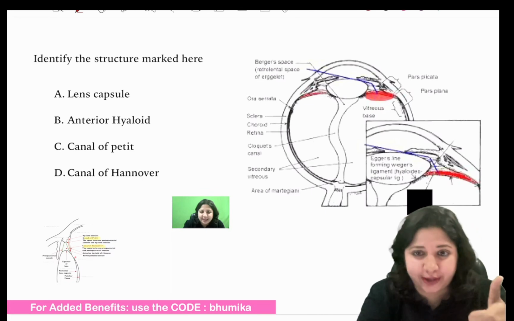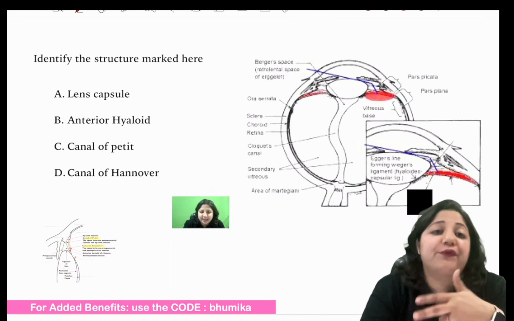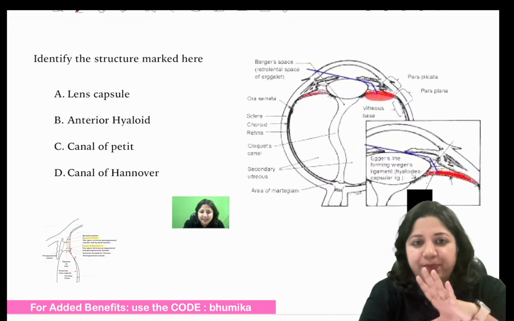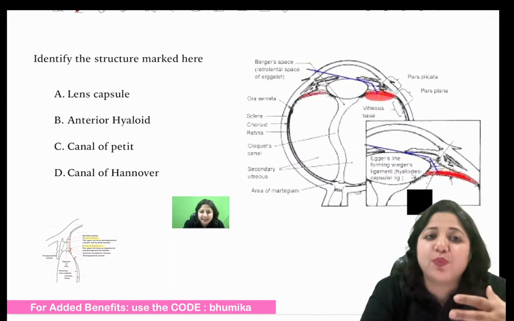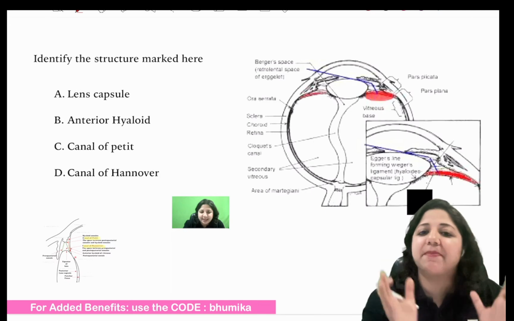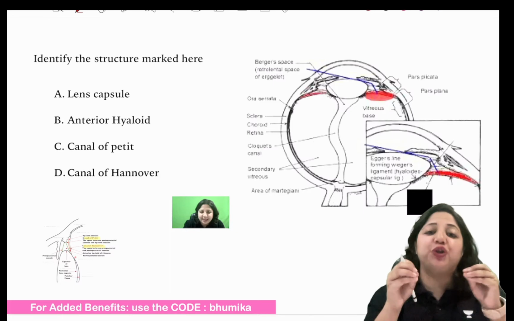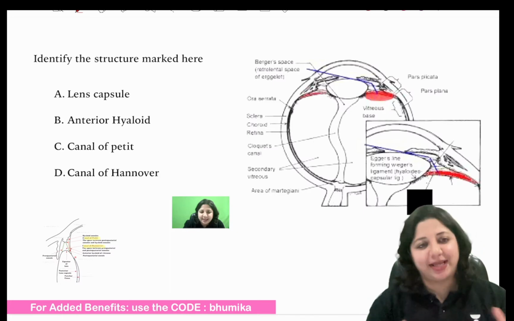You're right, it is knowledge, it is your luck, but it is a lot of common sense. And this question has proved it. There was a mistake or there was an error which was on the other side of the table, that there were some markings on the image that was shown here, but you were on a side who could have benefited out of it. Now let's see how.